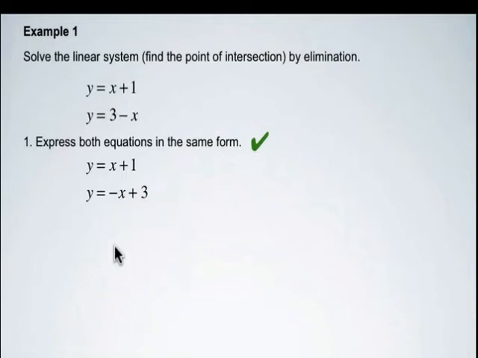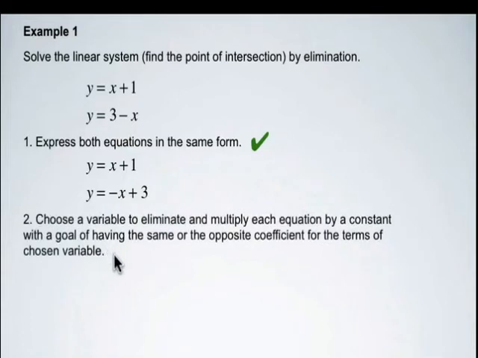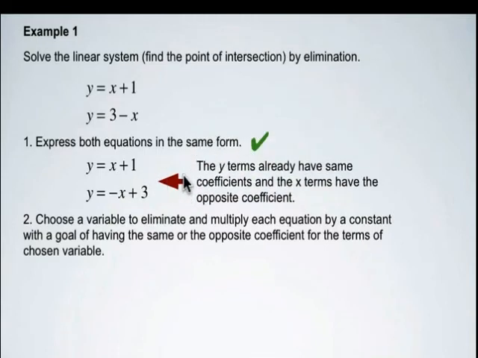The next thing we have to do is choose a variable to eliminate and multiply each equation by a constant with the goal of having the same or the opposite coefficient for the terms of the chosen variable. Well, we have both cases here, because each y has a coefficient of 1, which is the same coefficient, and the x coefficients are 1 and negative 1, which are opposites.